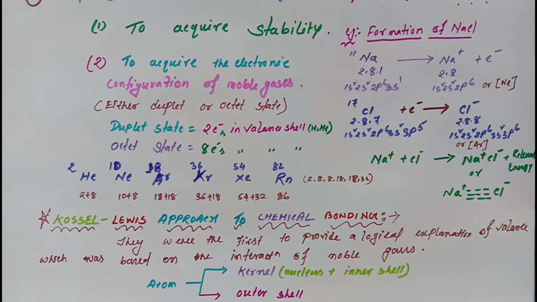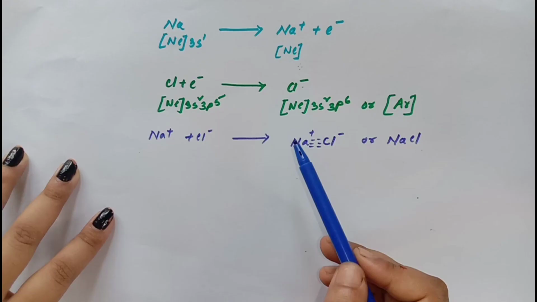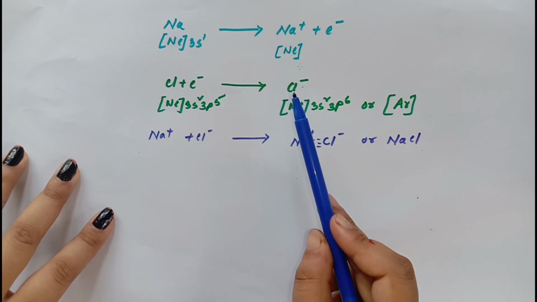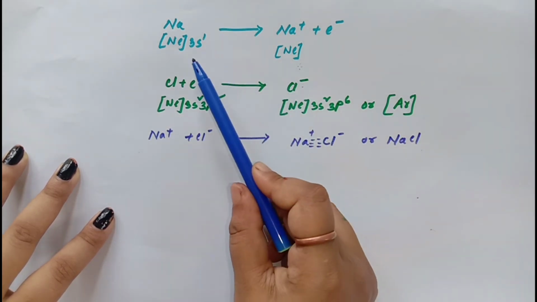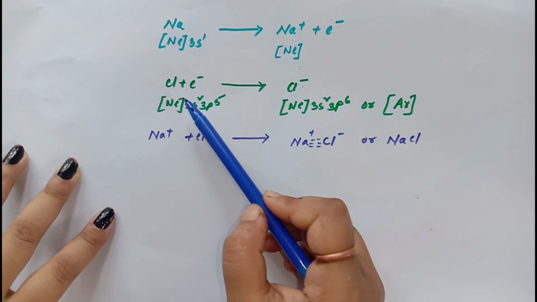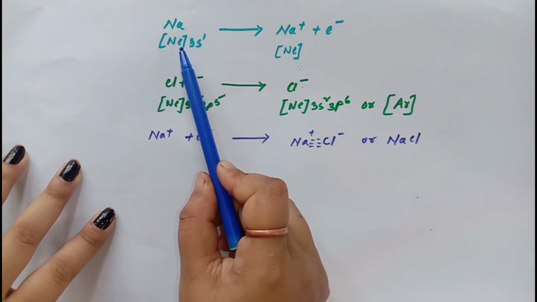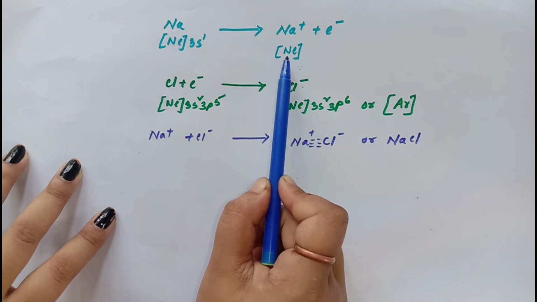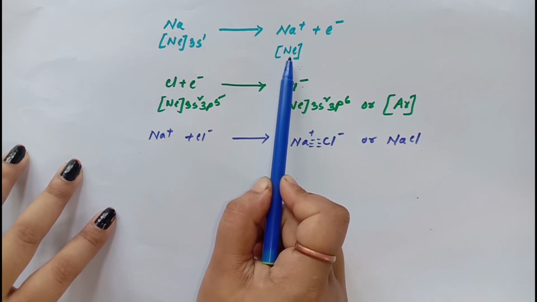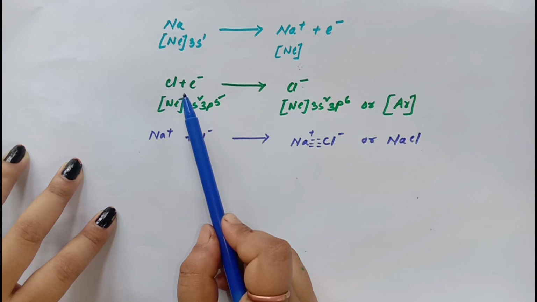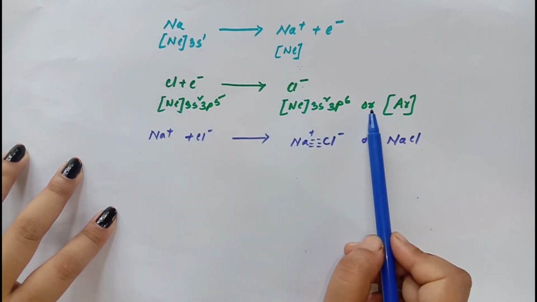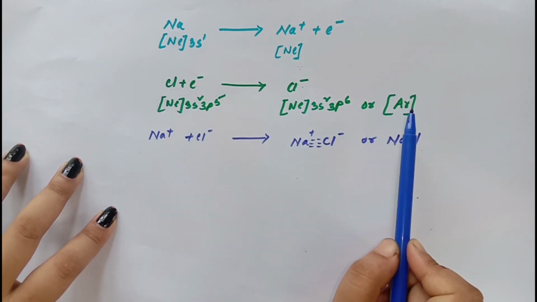According to Lewis, atoms achieve the stable octet when they are linked by chemical bonds. So we have taken the similar example in which sodium and chlorine combine together to form sodium chloride. Sodium has achieved the nearest noble gas electronic configuration, that is neon, and chlorine has attained the nearest noble gas electronic configuration, that is argon.